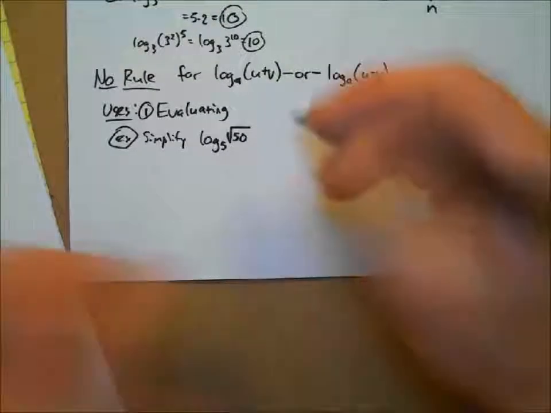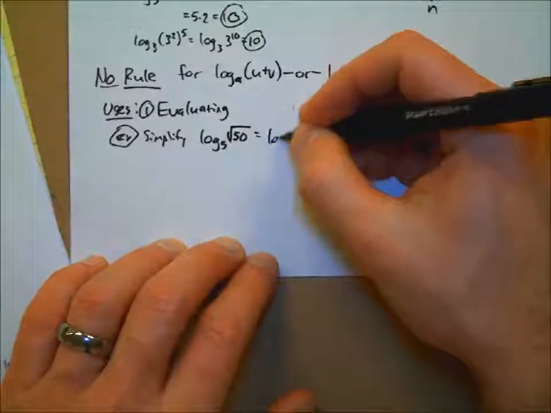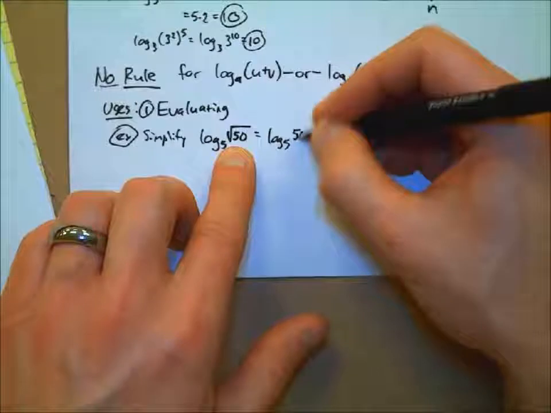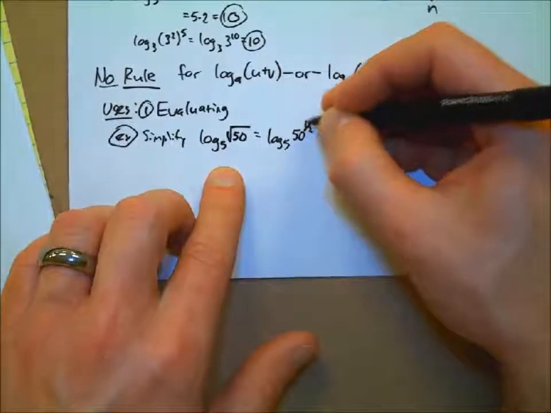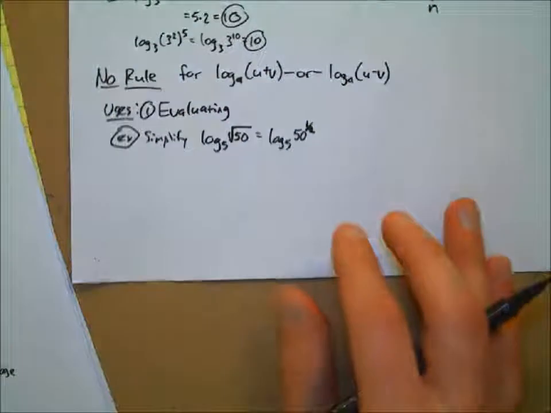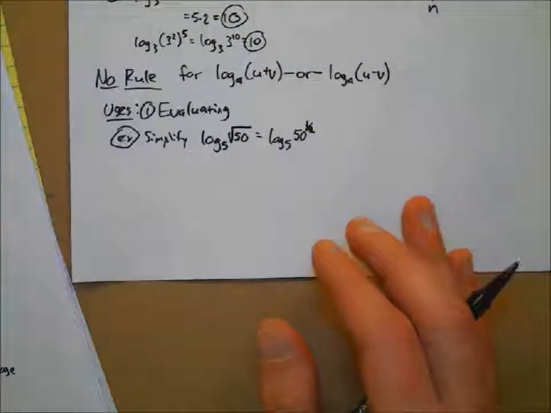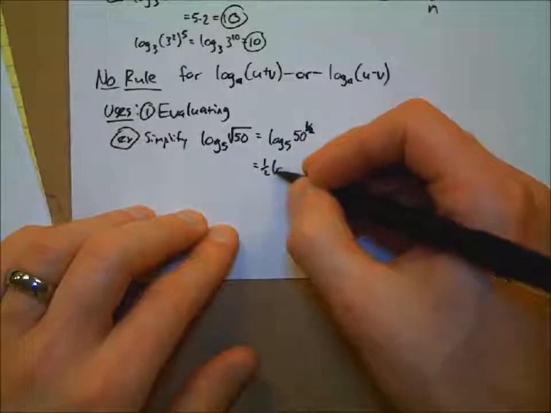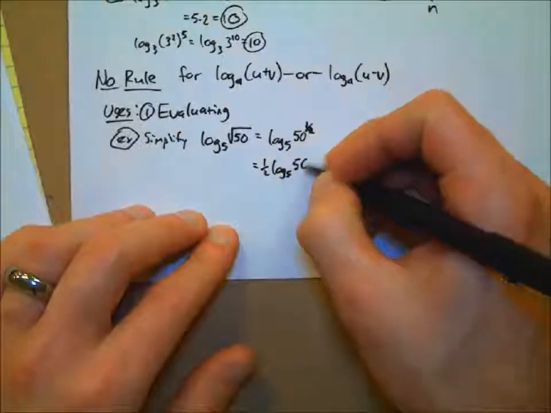It's equal to the 1/2 power, right? So square root of 50 is the same thing as 50 to the 1/2 power. Now that I have that 1/2 in my exponent, what can we do with it? Using our properties, we can bring it out front, right? 1/2 log base 5 of 50.